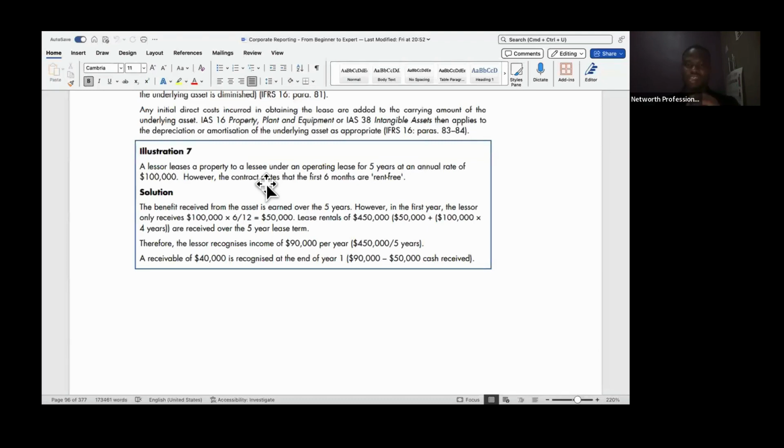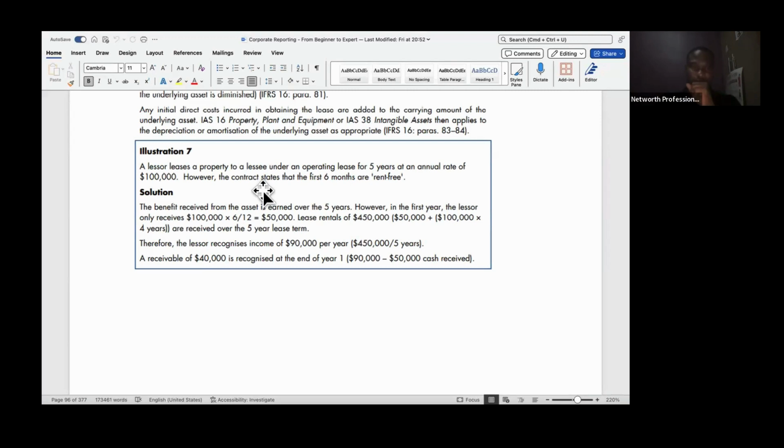Because if they know it's straightforward, that all the lessor needs to recognize is just the rent on a straight line basis, and straight line basis means that it's going to recognize an equal amount of rent every year, they will usually introduce an incentive.